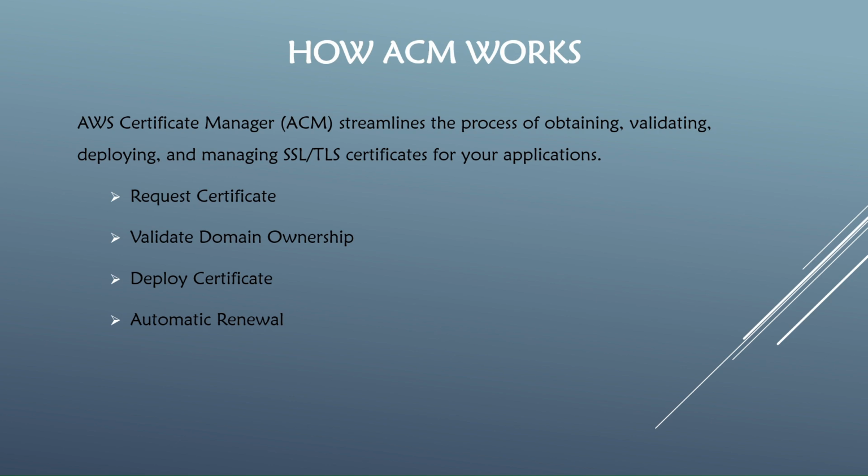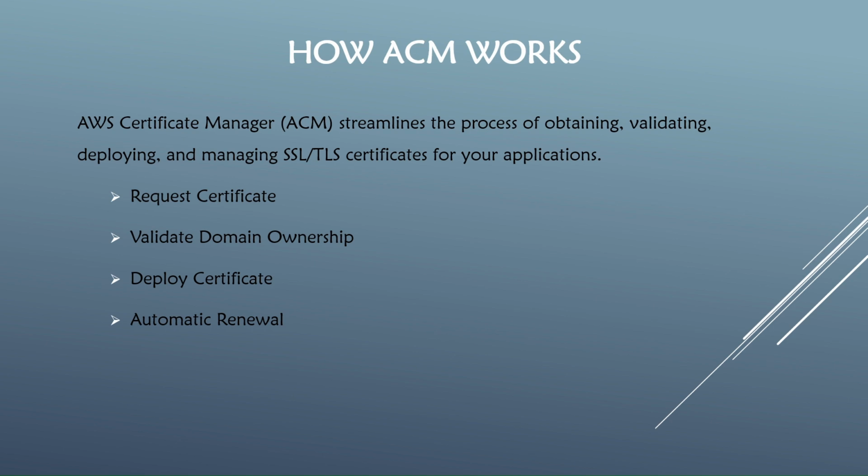The last thing is automatic renewal and how it works. ACM automatically tracks the expiration date of each certificate and renews it before it expires. For DNS validation certificates, no manual intervention is needed since the DNS record remains valid.